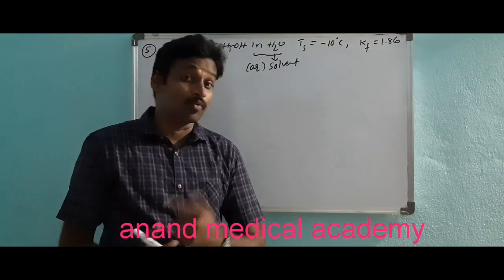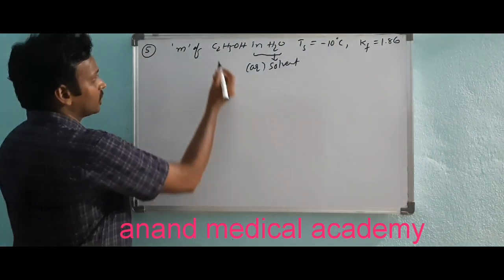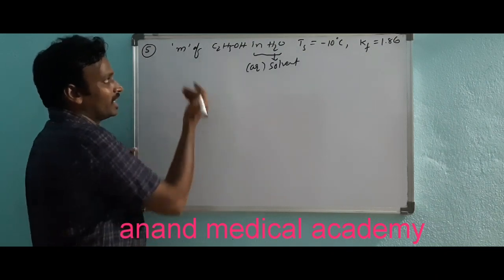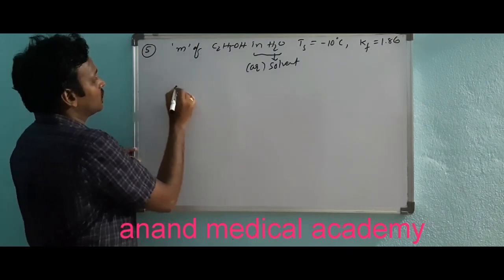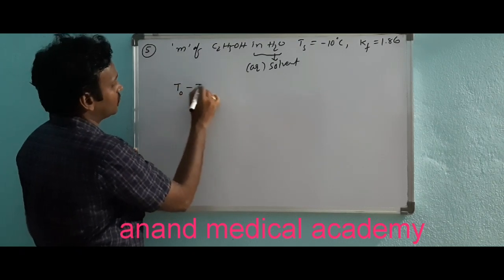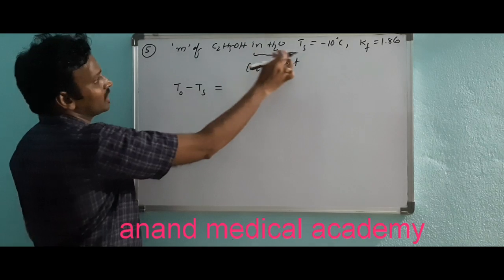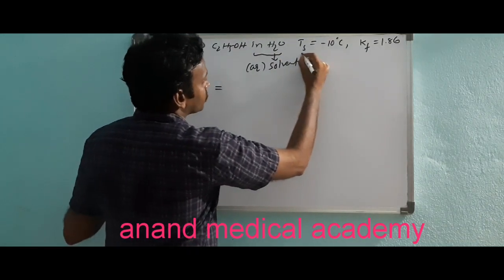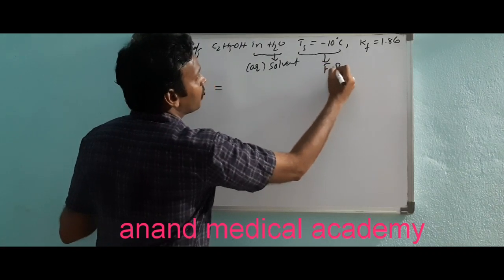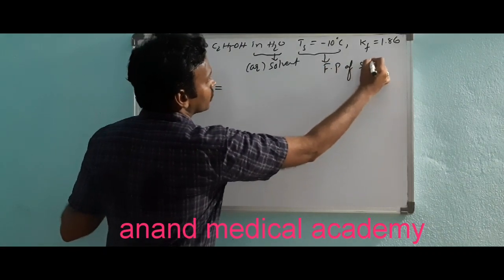The i value is 1. Here ethanol is ideal, because earlier i was not given for an ideal case, that's why I am giving it now. So it is exactly the same story. It is T0 minus Ts because it's a freezing point given, and this is the freezing point of the solution.